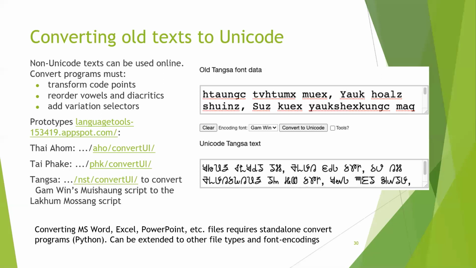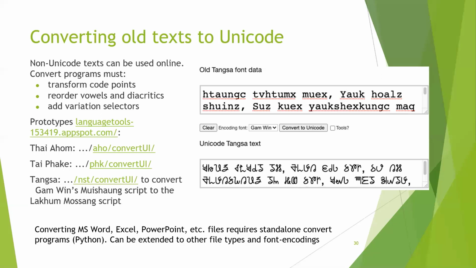So on these websites that are pointed here, we've actually implemented a few converters to take Tai Ahom, Tai Phake, and Tangsa fonts, Tangsa text in pre-Unicode format, and running a set of rules, they can be converted to actual Unicode fonts. And so on the right, you see an example in old Tangsa font going to Unicode Tangsa font text.